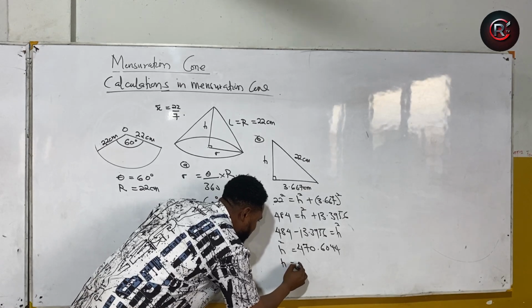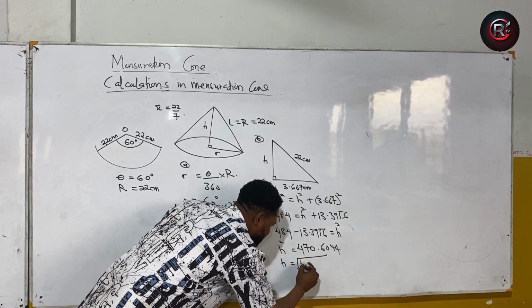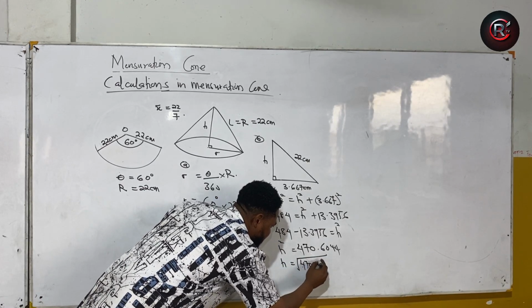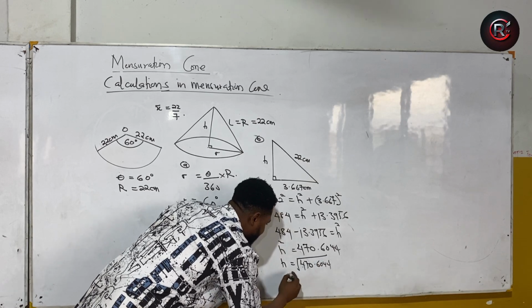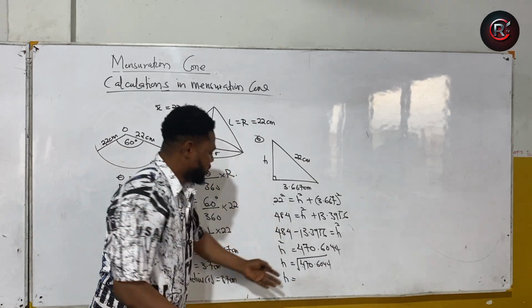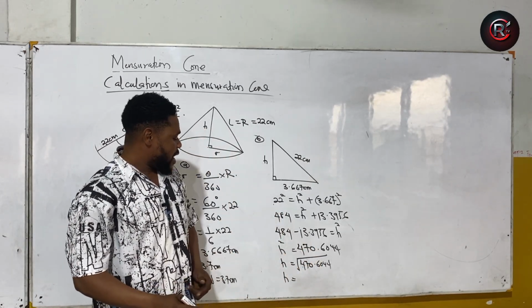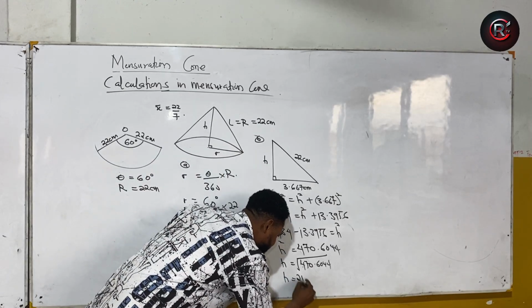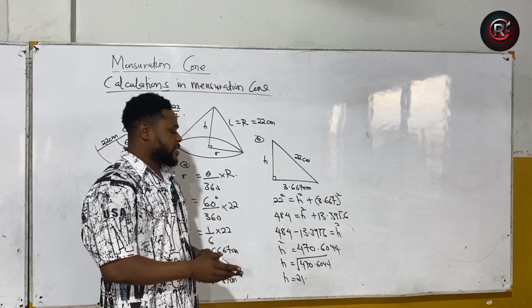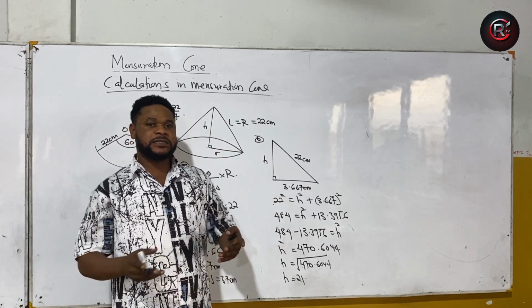So we find the square root of 470.6044, and we get 21.6934.